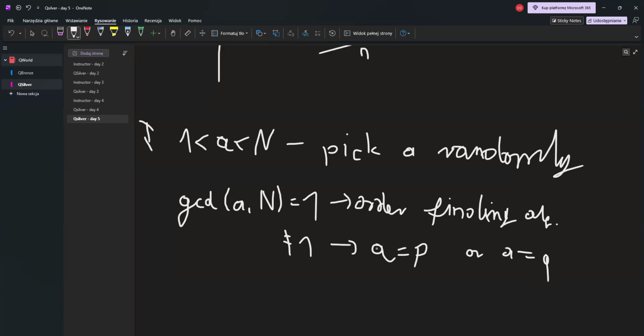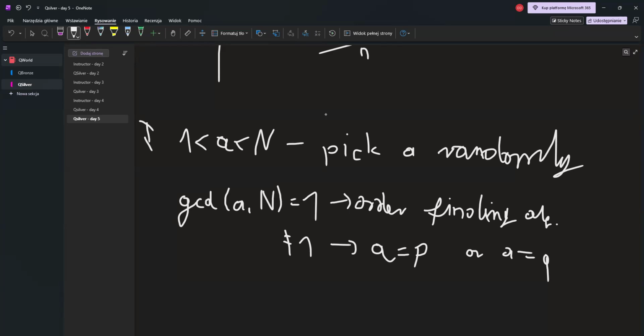But we need to be extremely lucky to get this. Because let's say today we will be trying this big number N to be something between 10 and 100. So for number 10, we have about 20% chance of being lucky. For 100, we have 2%, which is still not that bad.